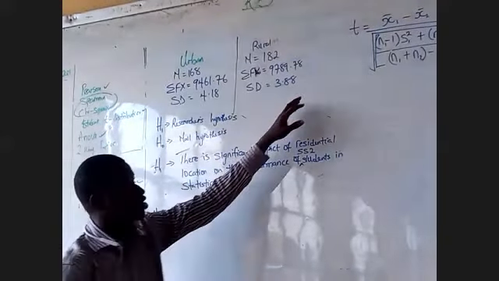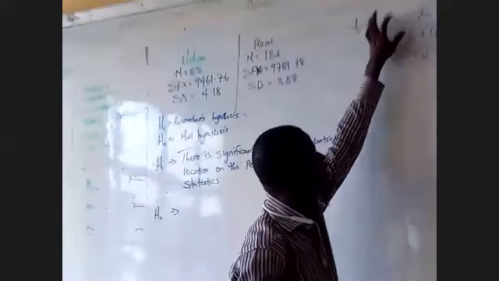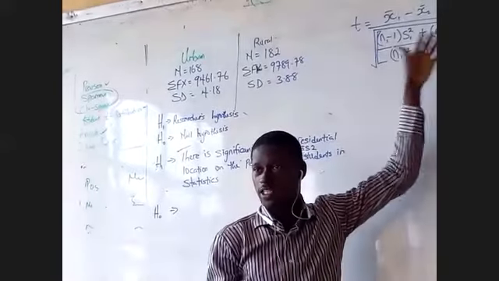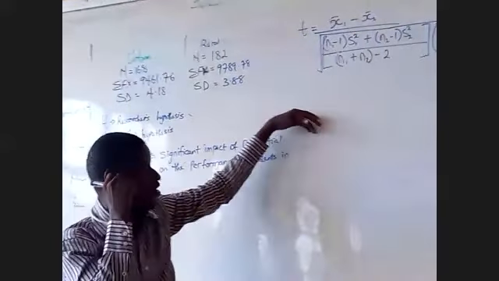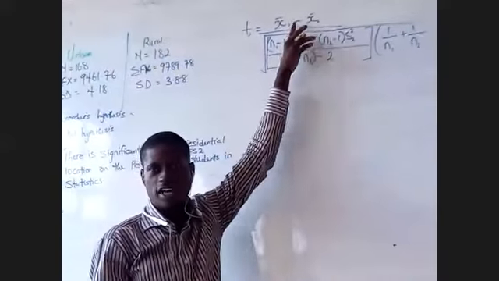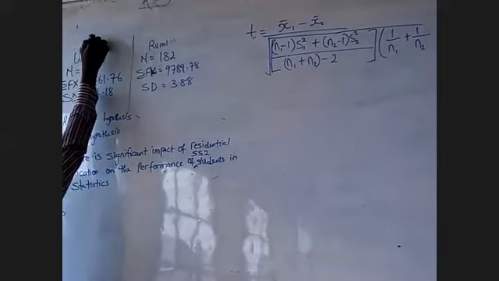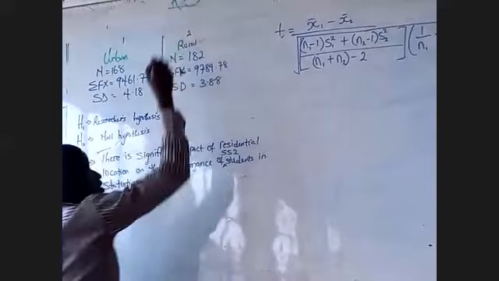Okay, and then we recall the formula. The formula for that is the mean one. Remember, X bar means the mean. This is X1, we could use urban to stand for the ones carrying the ones, and this one should be the ones carrying the twos.